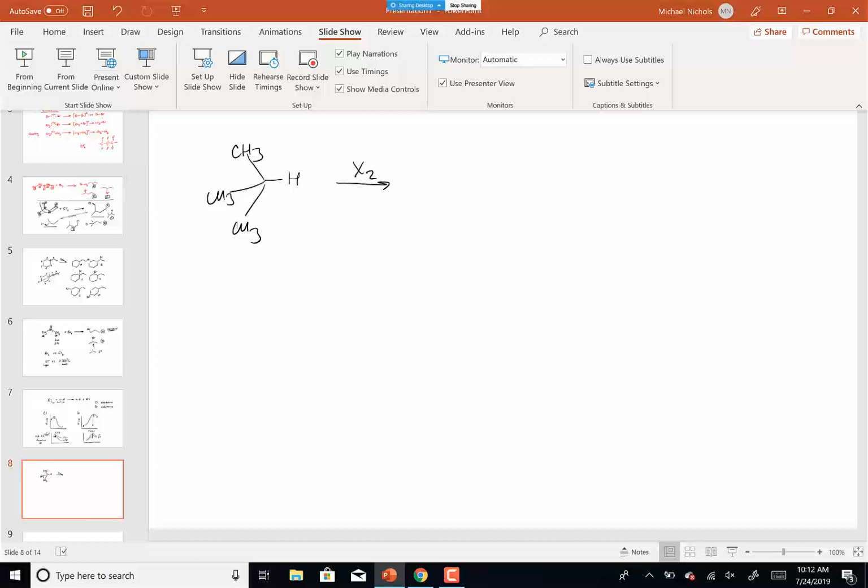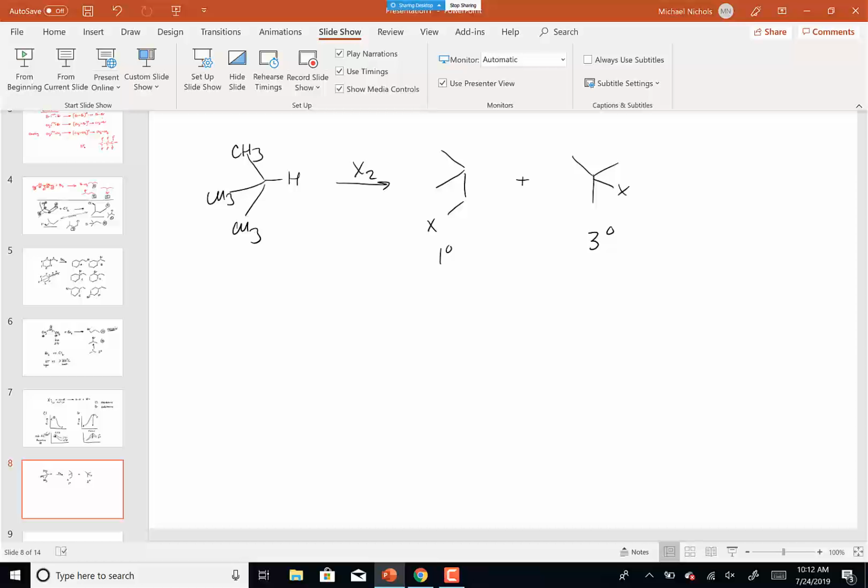And I know I'm going to get two products. I'm going to have my product that came from the primary radical, and I'm going to have the product that comes from the tertiary radical. So I go to the lab, I do my halogenation, I get my mixture of products, I shoot it into a GC, and I get the percentages.